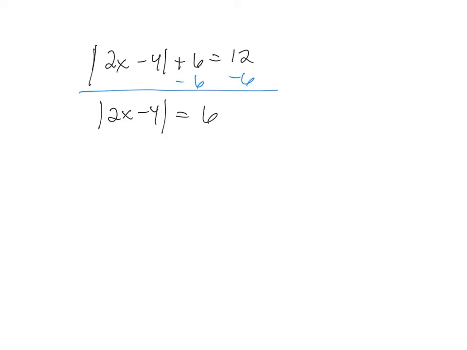Write two equations. 2x minus 4 equals 6. 2x minus 4 equals negative 6. Then solve each one separately.